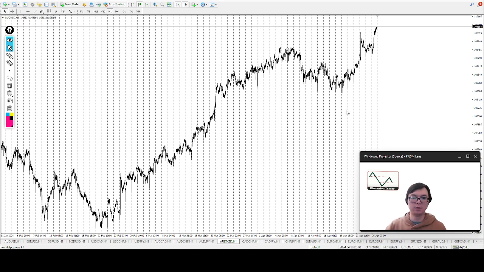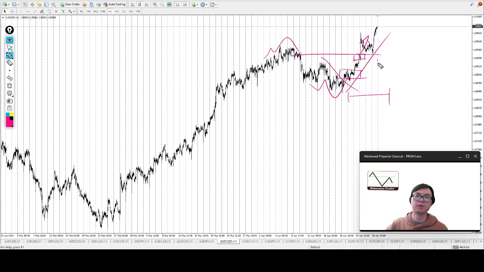Okay, Australian New Zealand dollar. Last week, we had the up movement, no trend line break, but we have the top, we have the bottom. Trend line break, dimension 2, resistance, breaking up.